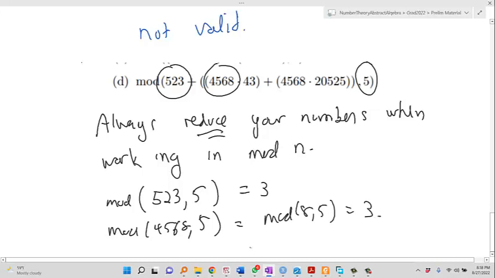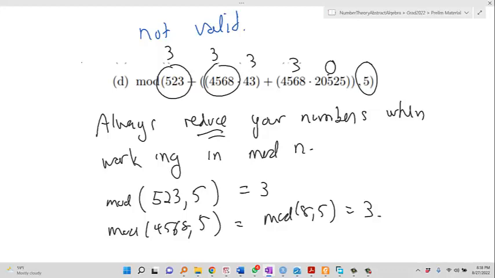So I also have 3. Okay? So I can replace this with 3. I can replace this with 3. In fact, I can replace this also with 3. I can replace this with 3. I can replace this with 0. And then I do the arithmetic. All right? So that saves a lot of work. Very important principle. Very important when you're dealing with modular arithmetic. And it's also useful in other problems in this practice exam as well.